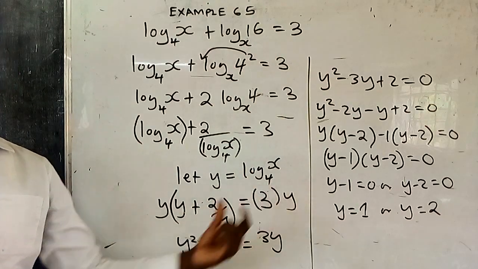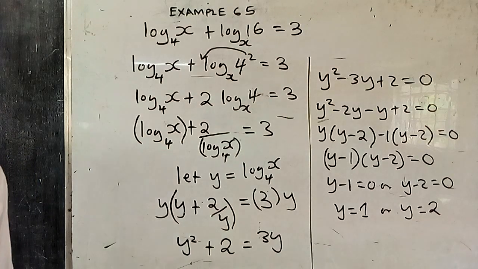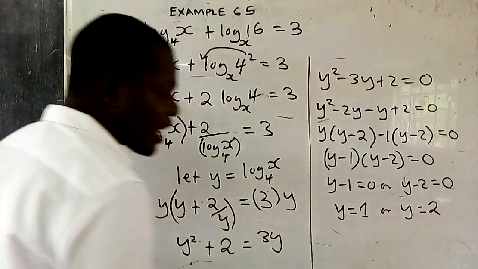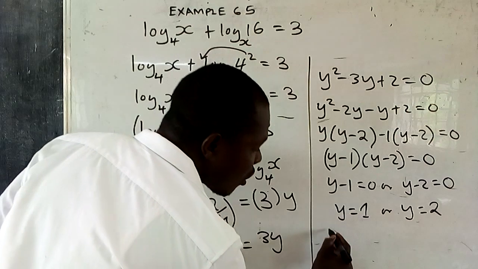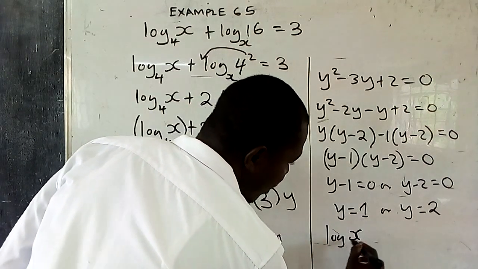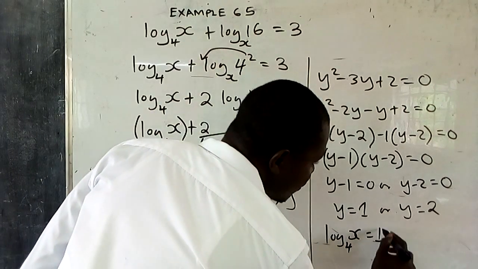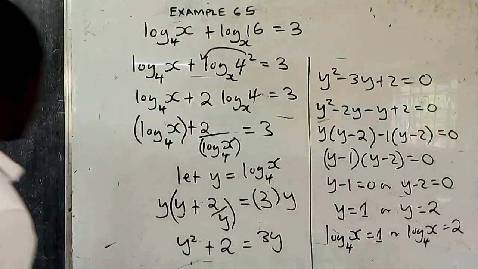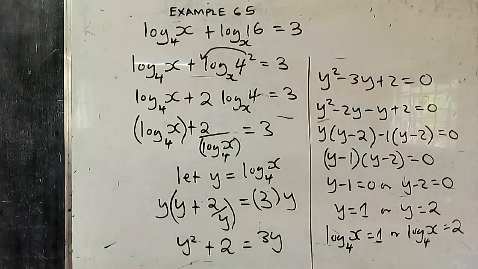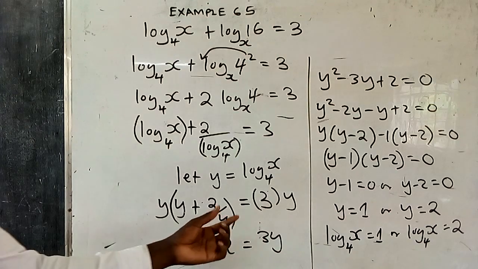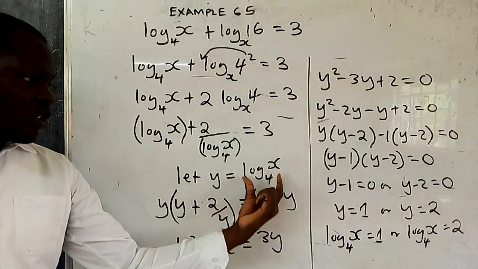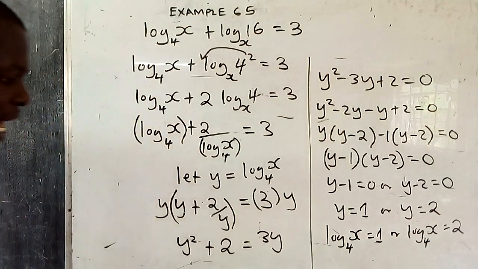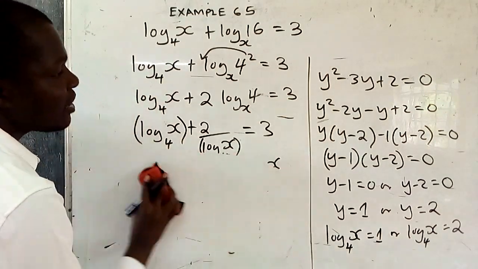Y was log x to base 4, isn't it? Where there is y, you put log x to base 4. Log x to base 4 is equal to 1, or log x to base 4 is equal to 2. Is that understood? You get that.